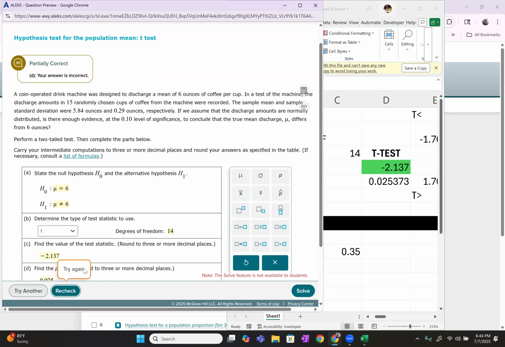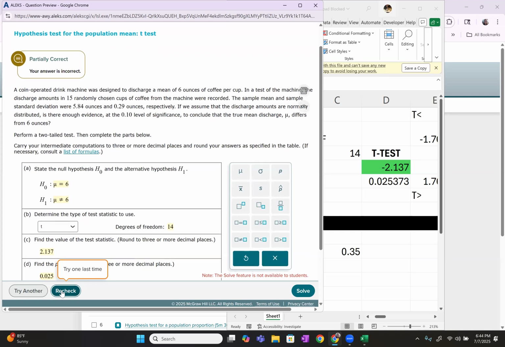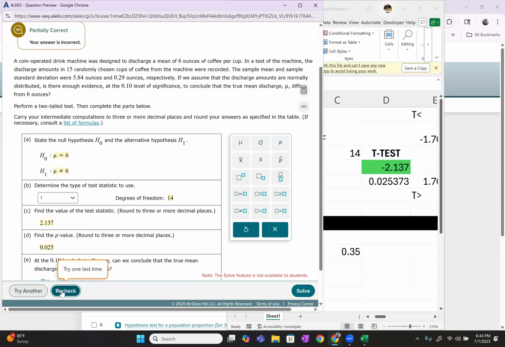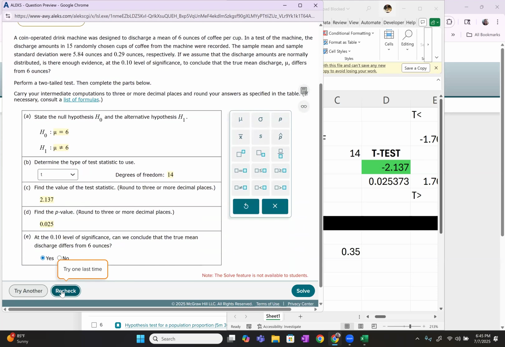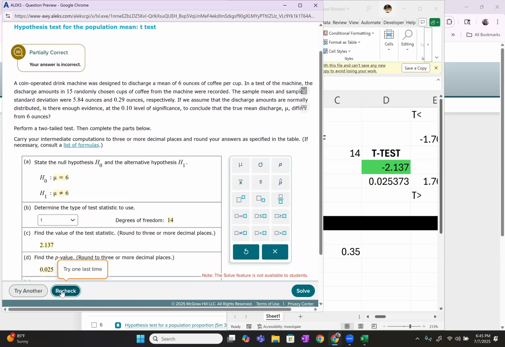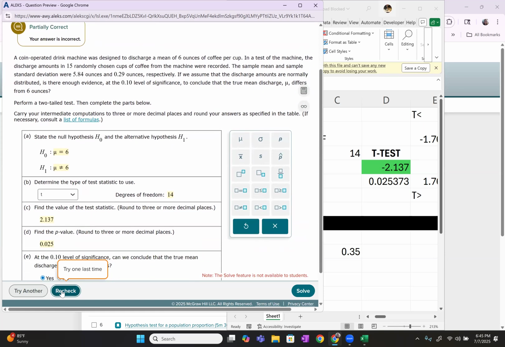What's wrong with C? Is it missing? It's not negative. It should be regular, just plain old. So now what's the problem now? Which answer is incorrect? Partially correct. It said it was D that was incorrect. D was incorrect?